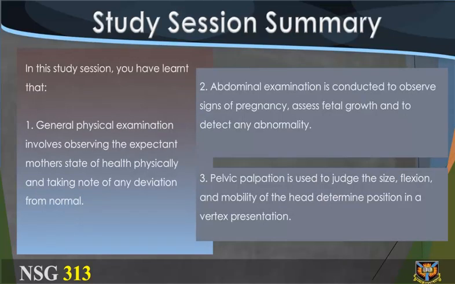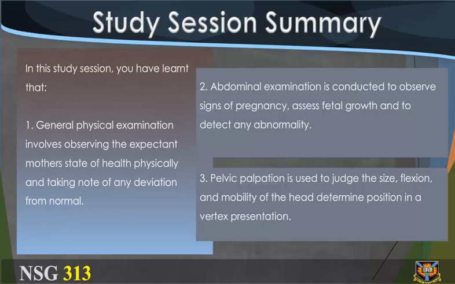Study section summary. In this study section, you have learned that: 1. General physical examination involves observing the expectant mother's state of health physically and taking note of any deviation from normal. 2.